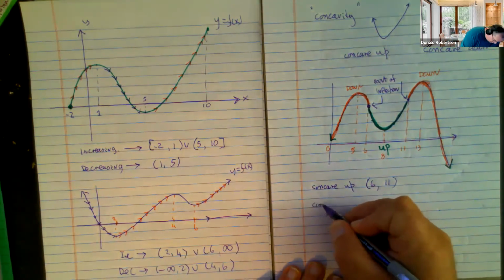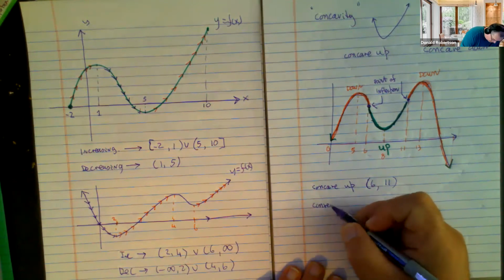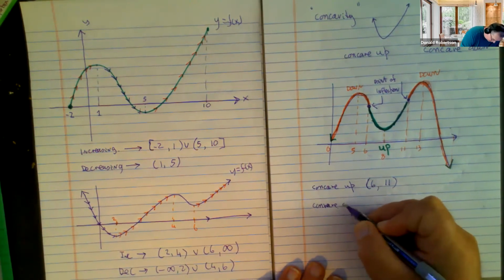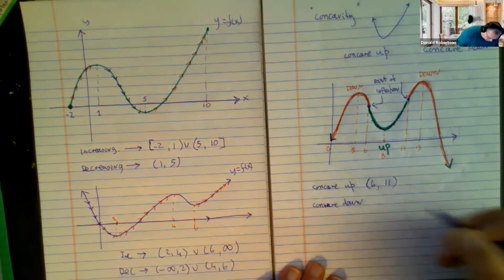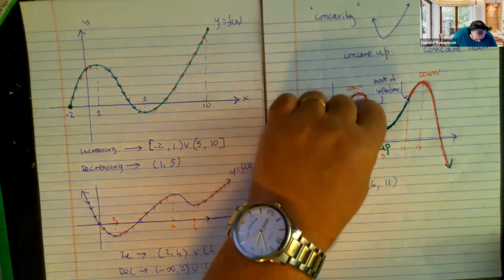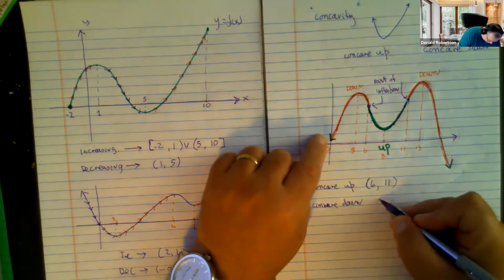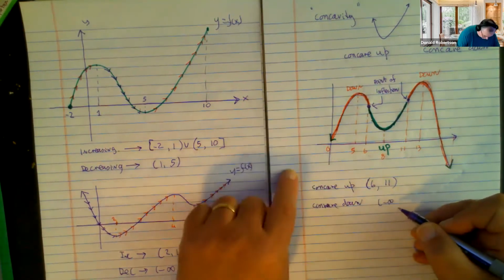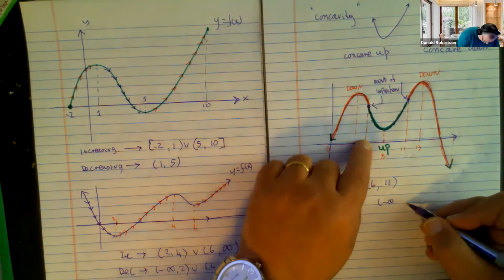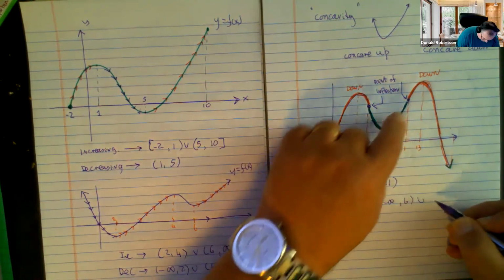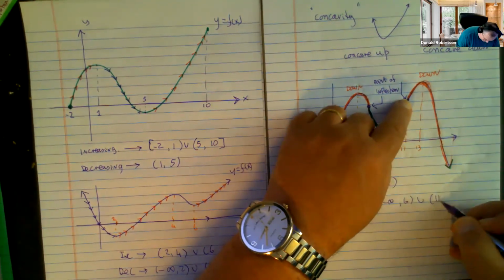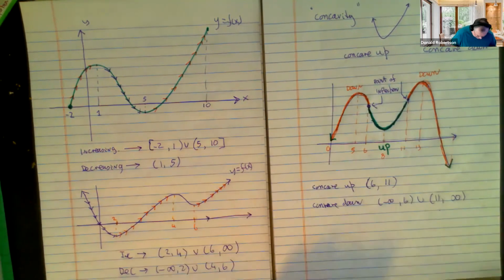If I said to you, when is it concave down? You're going to say anywhere in this region and anywhere in this region. So that's going to be negative infinity, because I'm saying it goes on forever, all the way to 6, and then starting at 11 and all the way to infinity.